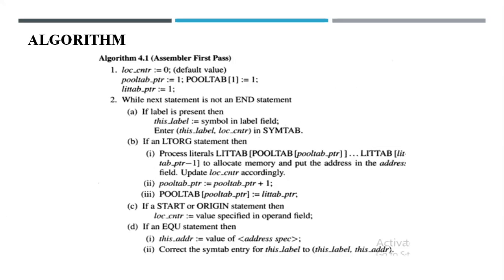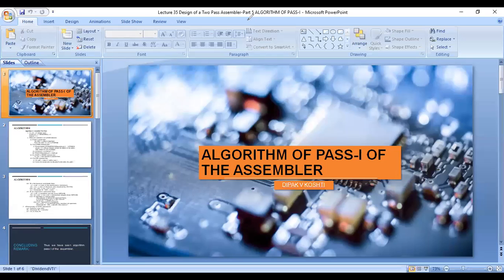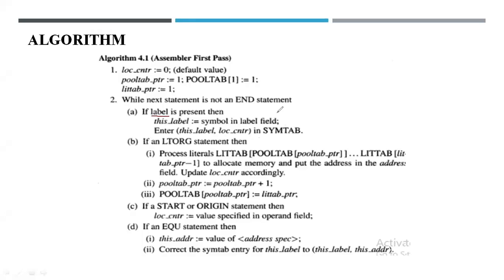If a label is present, label means we have seen that loop was the label in our program.